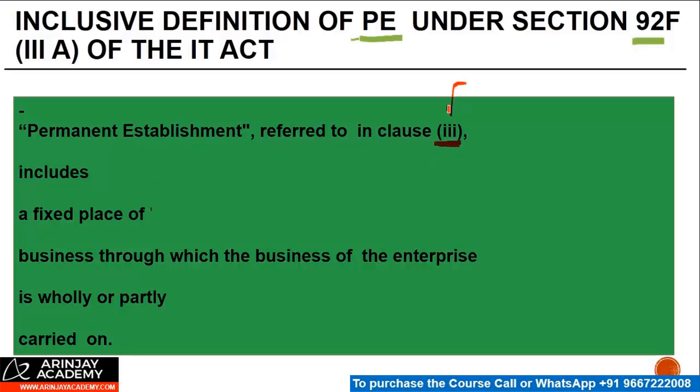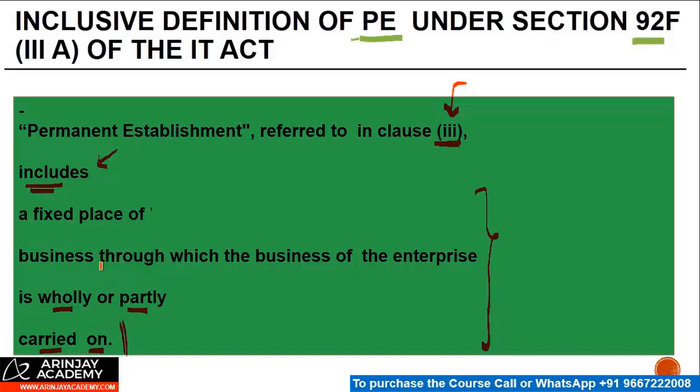This clause 3 basically deals with transfer pricing cases, and this is an inclusive definition. It says PE referred to in this clause includes a fixed place of business through which the business of the enterprise is wholly or partly carried on. We will discuss these terms as we discuss the concept of PE, as to what a fixed place is, what carried on means and things like that.